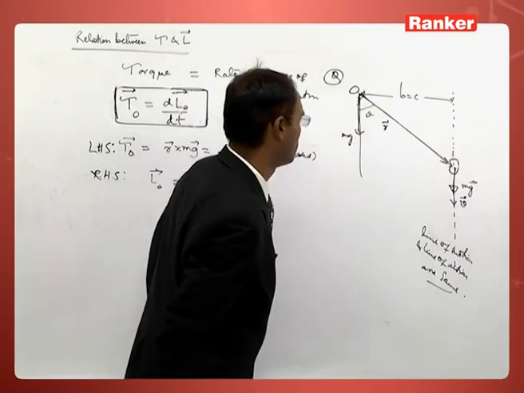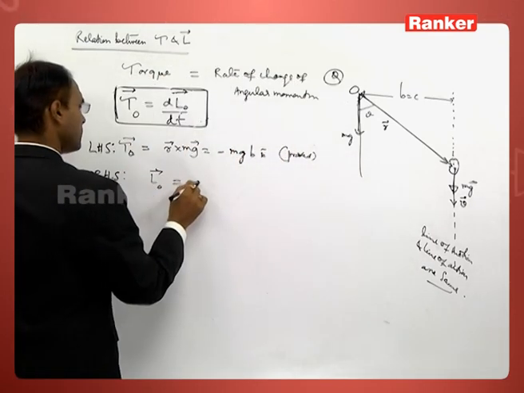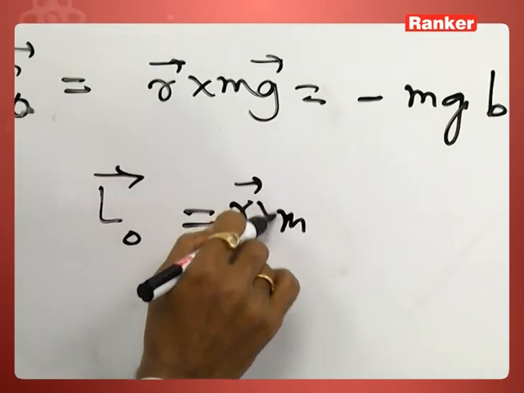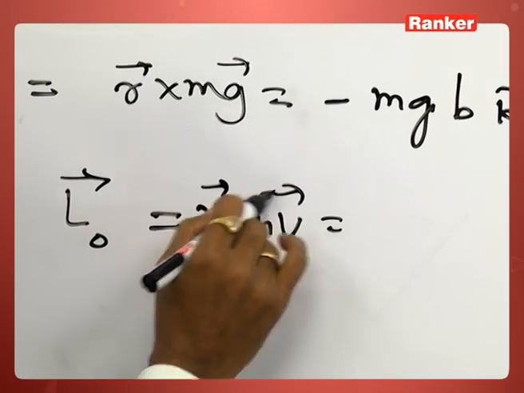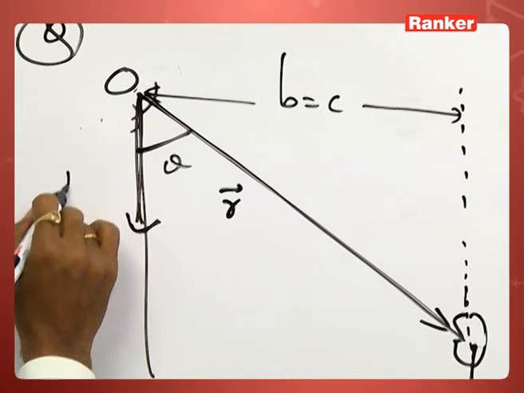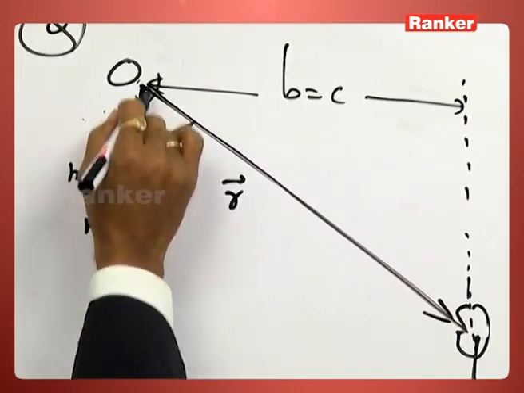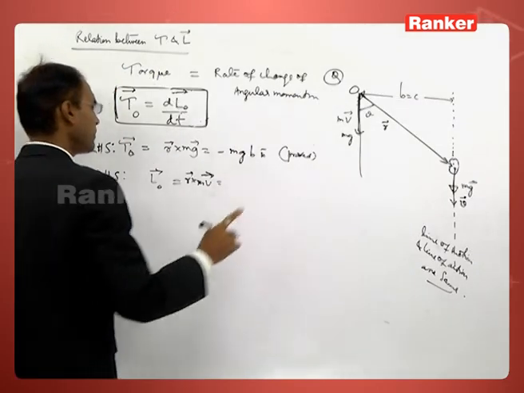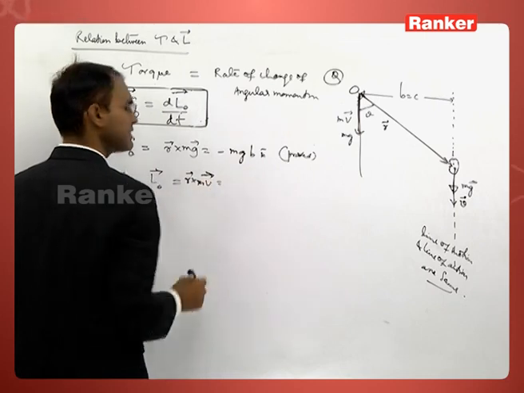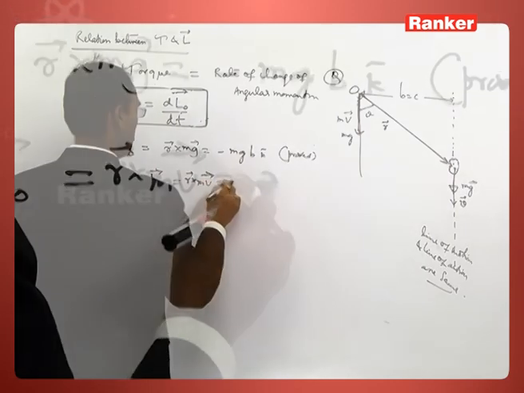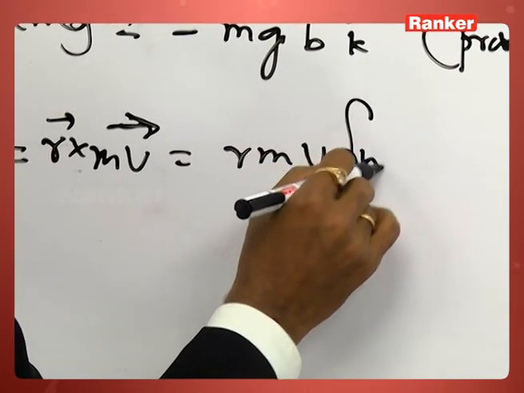of this mango can be written as R cross mv. The angle between mv vector and r vector also is theta in this particular problem. In this particular example, in both the cases, the angle remains the same, that is theta, r mv sin theta.